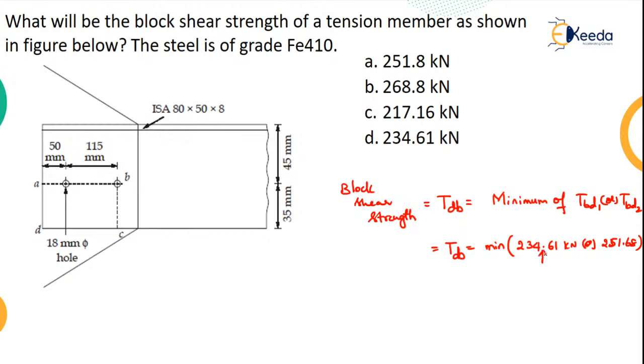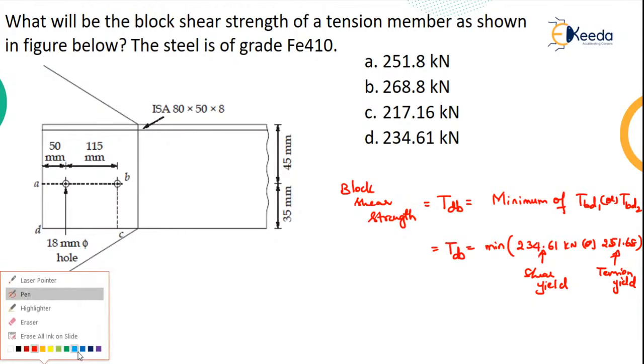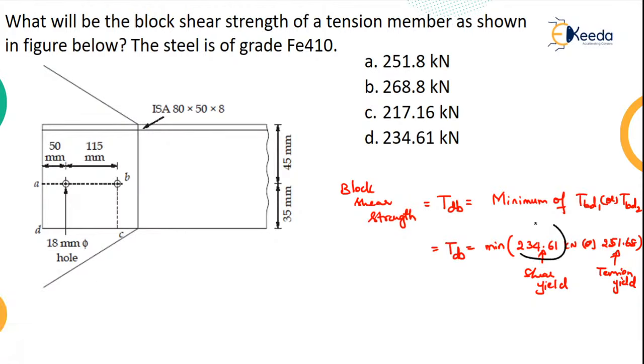So this one is in shear yield, this one is in tension yield. So what do I have to choose? I have to choose the minimum of the two quantities.